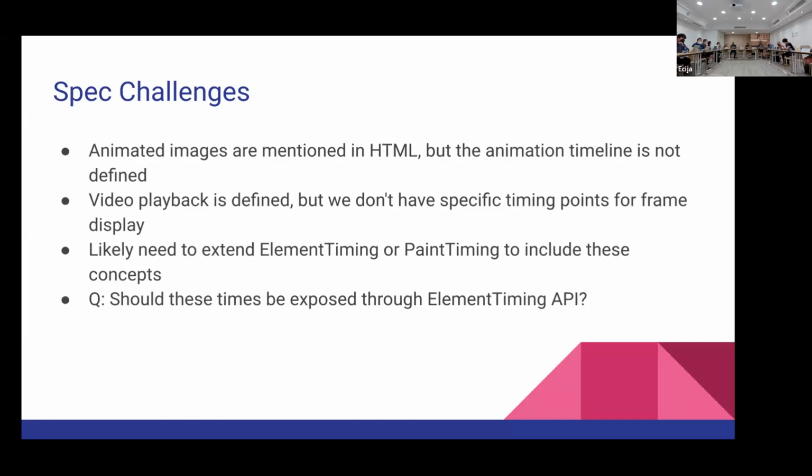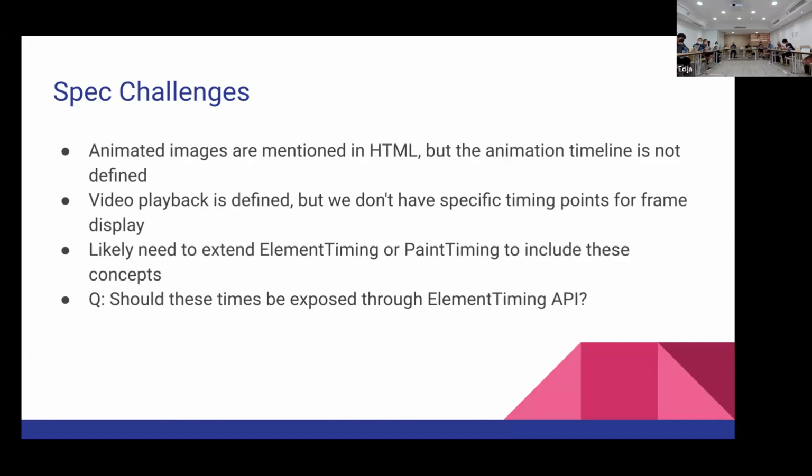Similar with video, the video playback is defined fairly well, but we don't have any sort of timing points for frame display. And we may likely need to extend either element timing, or we talked in this group this week about taking those bits out of element timing, putting them in page timing, and adding some wording into page timing to say, hey, this is the time when a video frame has been displayed to the user. This is the point where you should consider triggering LCP.